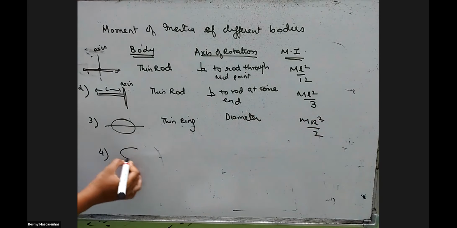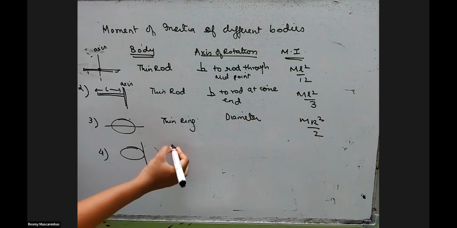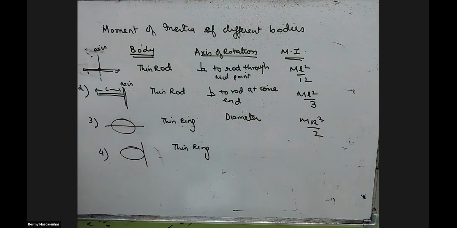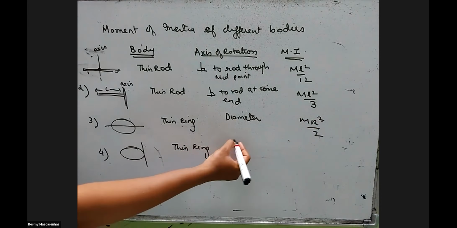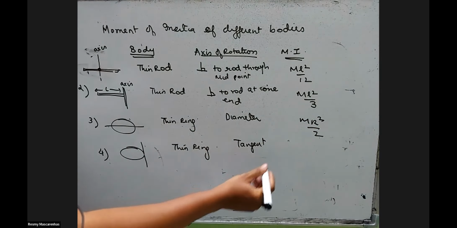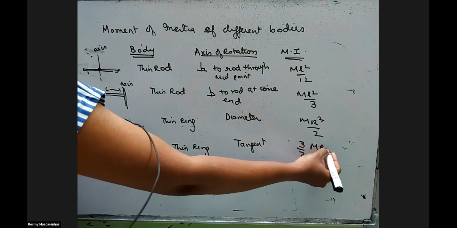Fourth one, a thin ring only, but the axis is like this, the tangent at the end. And the answer is 3 by 2 MR square.